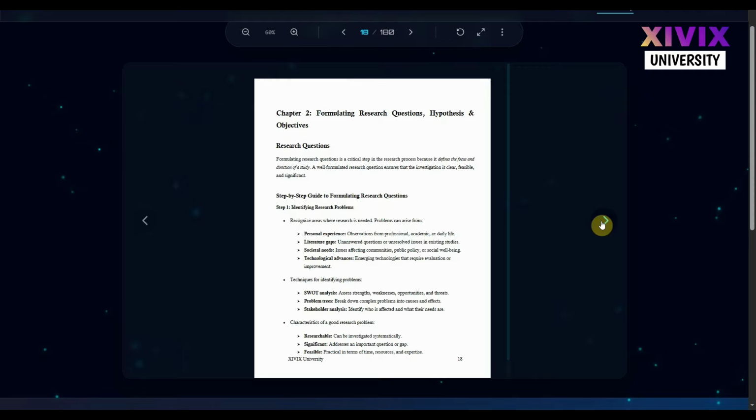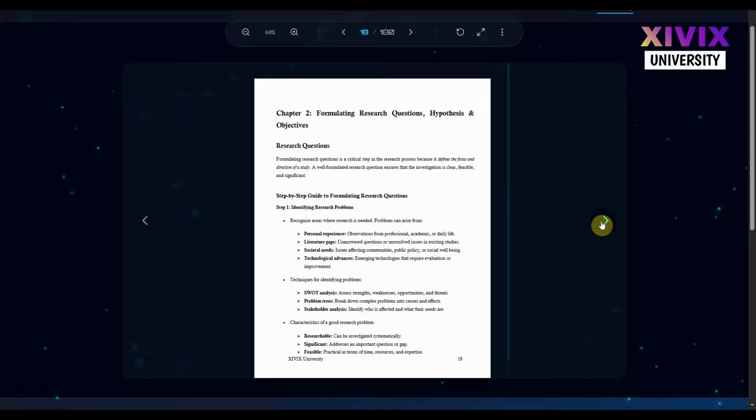You can use a SWOT analysis, an assessment of strengths, weaknesses, opportunities, and threats. And problem trees, which are used to break down complex problems into manageable chunks of causes and effects. And stakeholder analysis, where you identify who is affected and what their needs are.